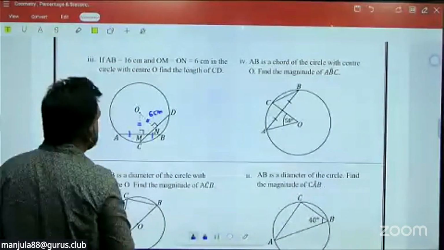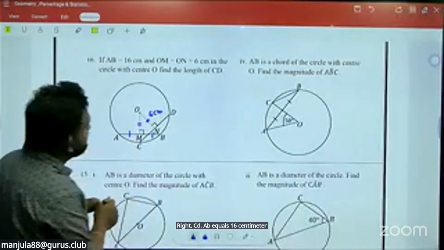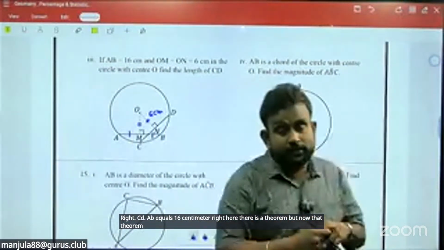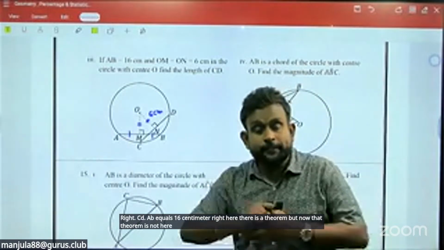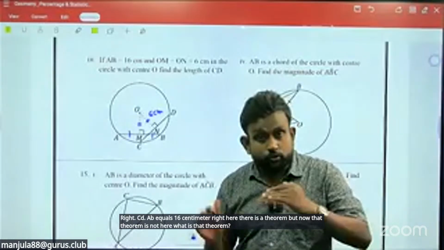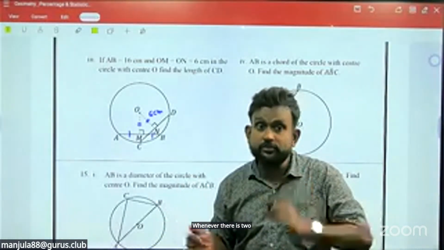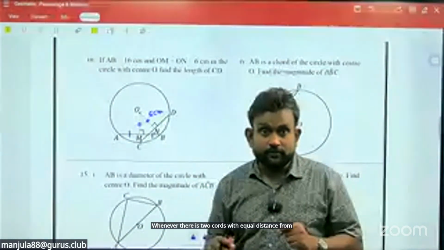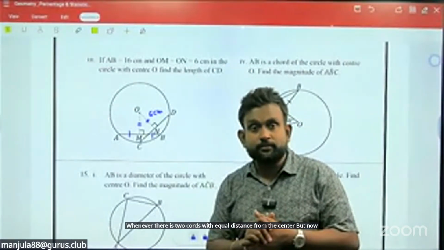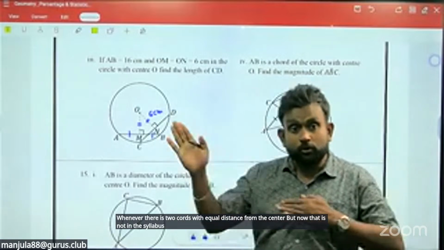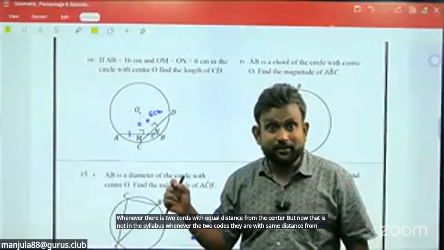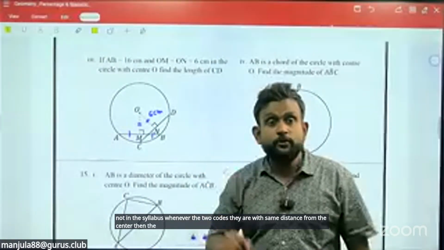Right, AB equals 16 centimeter. Here there is a theorem, but now that theorem is not in the syllabus. What is that theorem? Whenever two chords are the same distance from the center, then the two chords are equal in length.